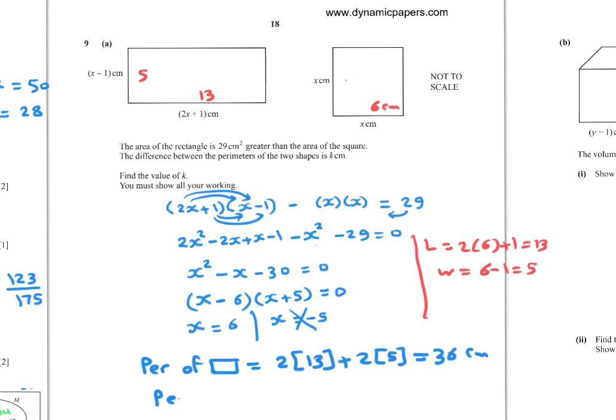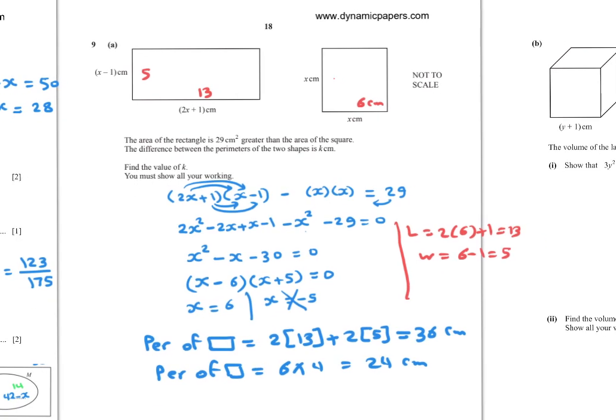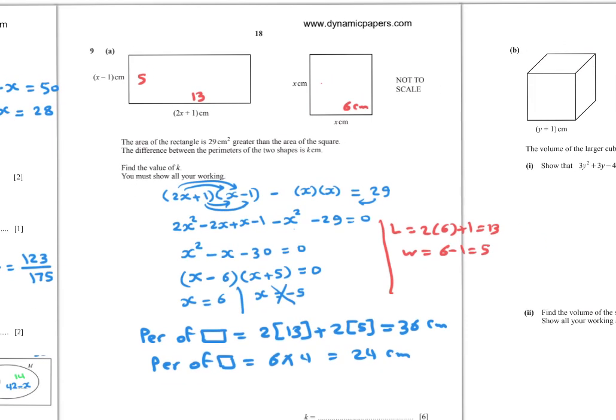Perimeter of square, side times 4, so 6 times 4, 24 centimeter. Now subtract to find the difference between them, so k equals 36 minus 24 equals 12 centimeter.